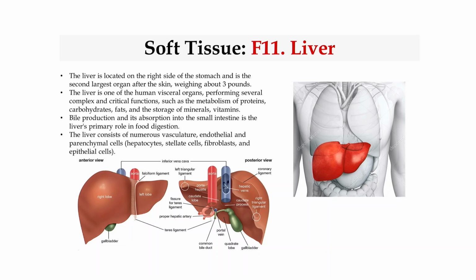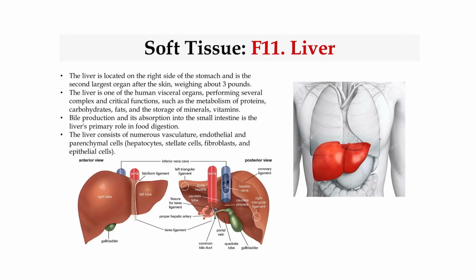So from a posterior view standpoint, you're again looking at the aorta and the inferior vena cava. You're looking at a left triangular ligament, which is one of the key ligaments which attaches the liver or fixes it in the right location.